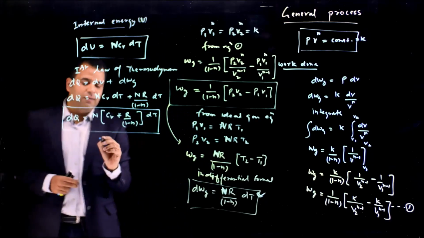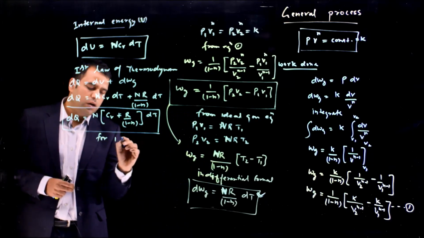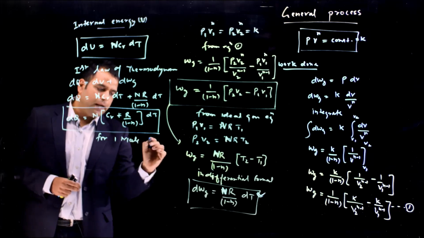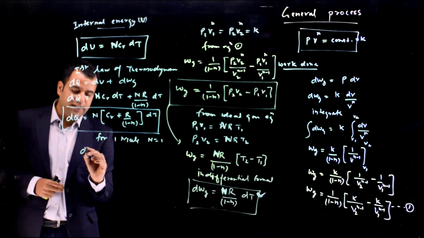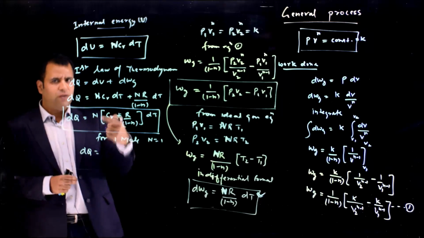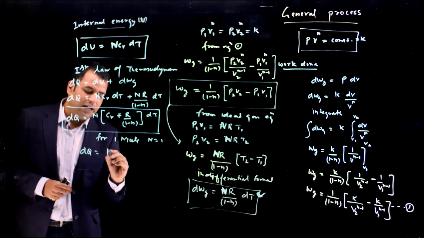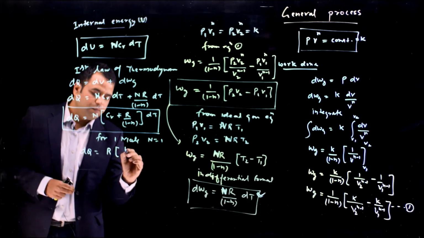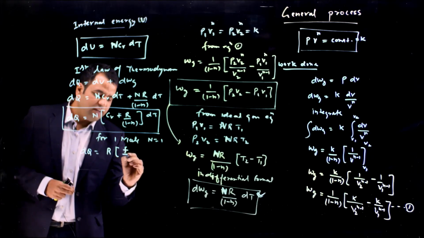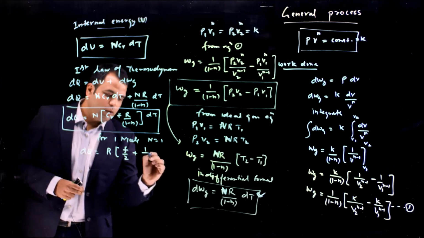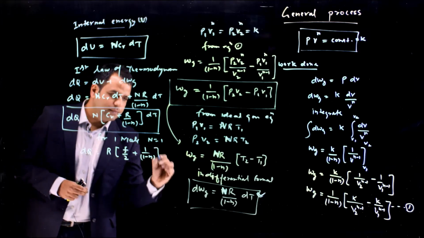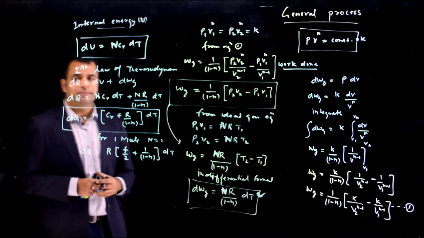Now if we go for 1 mole, the capital N value will become 1. So this equation will get converted into, and let's put the value of Cv also. If we put the value of Cv and take R common, we'll have R times (f by 2 plus 1 upon 1 minus n) times dT.